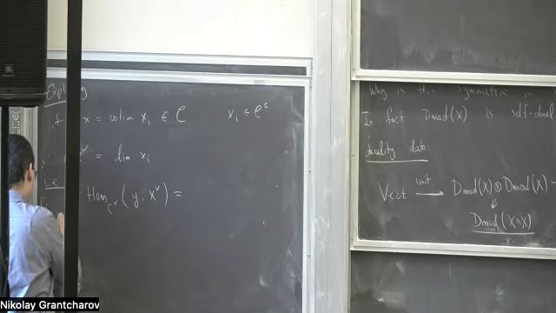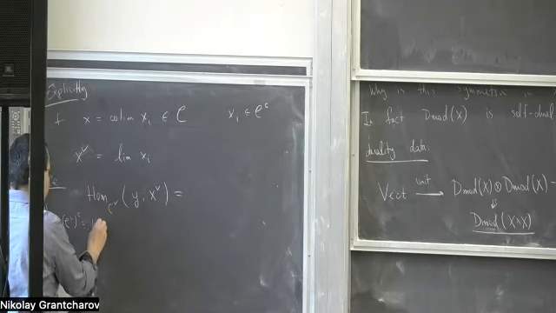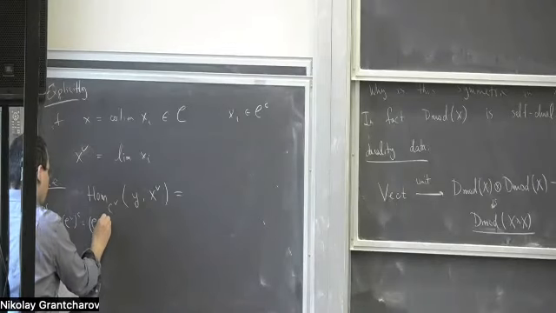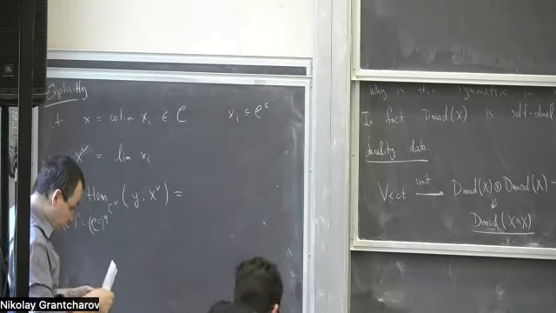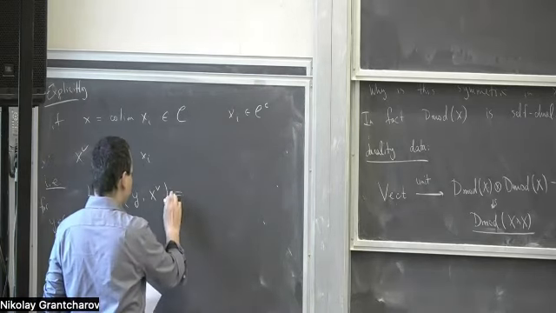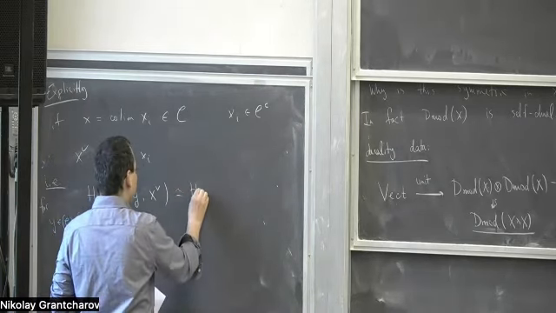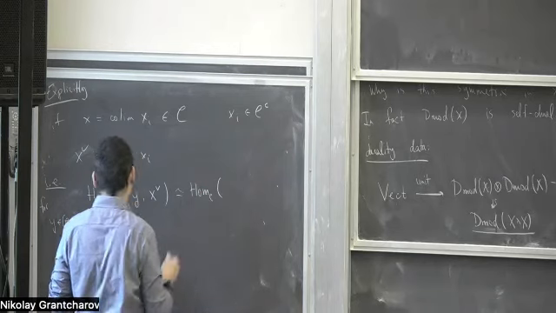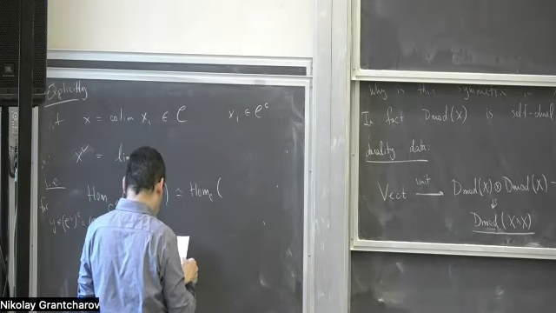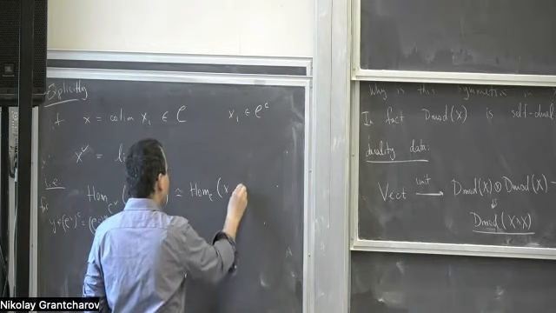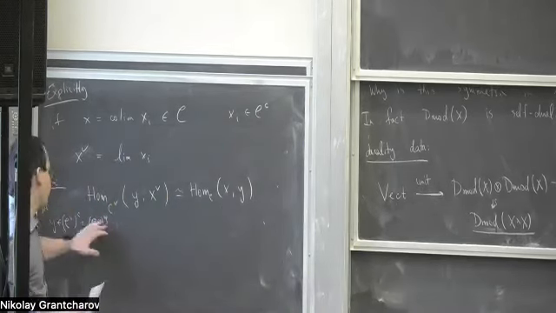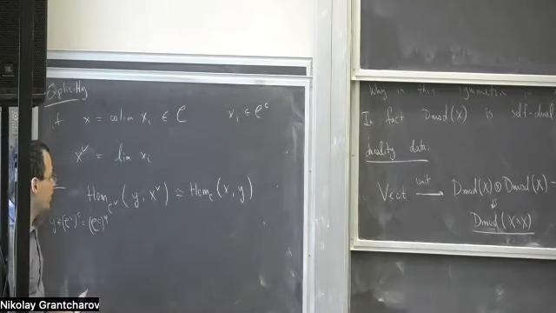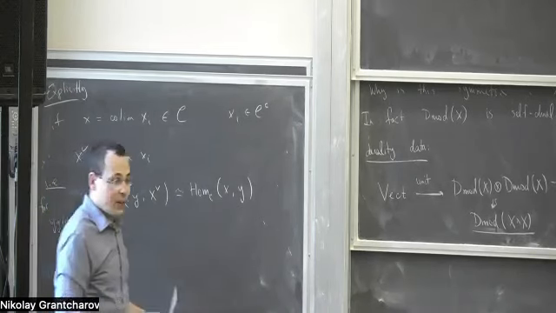So mapping a compact object into it is the same as mapping in C from X to Y, Y thought of as an object. I hope it's clear what this means.